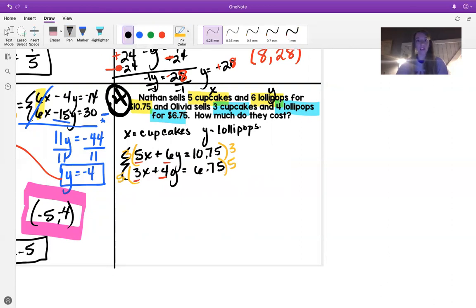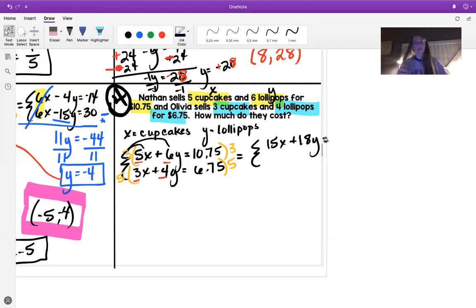Okay, because when I do that, I'm going to have 15x plus 18y, so I have to distribute that 3 to everything, equals, oops, can't do decimals in my head. Use my phone calculator real quick. Just kidding, I have it written down on my paper. 32.25.